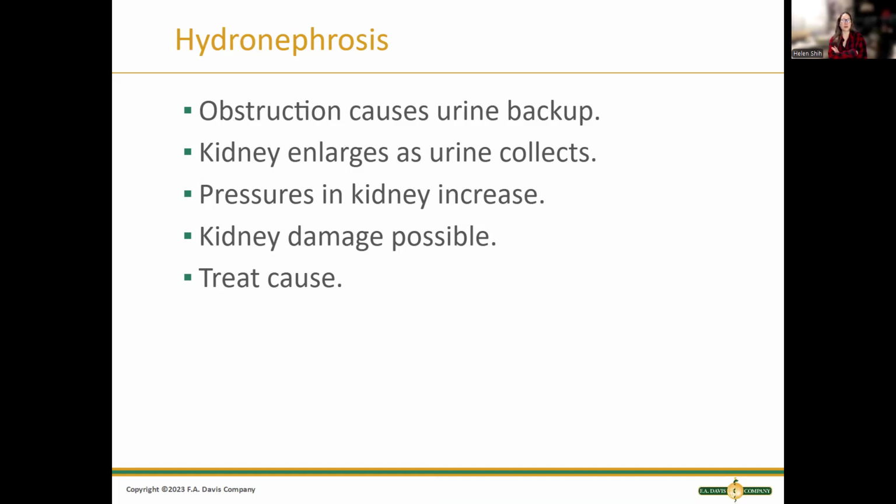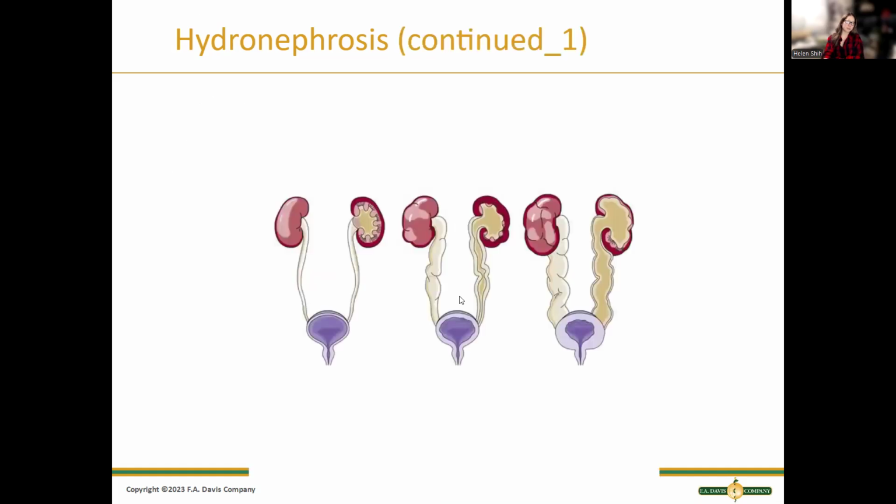And so if we're putting too much pressure on the kidneys as a result, then kidney damage is certainly possible. And we're also going to treat the cause of the hydronephrosis because, like I said previously, hydronephrosis almost never happens on its own. It generally happens as a complication of urological obstructions.